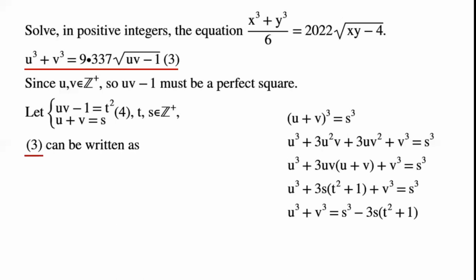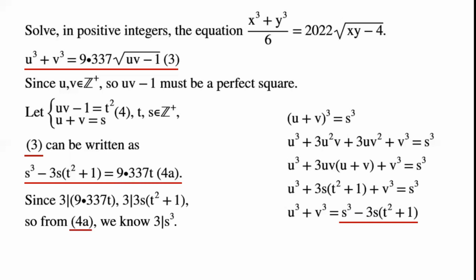So equation 3 can be written as s cubed minus 3s times (t squared plus 1) equals 9 times 337t.